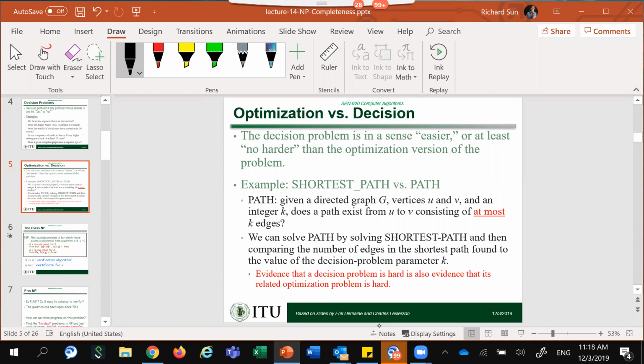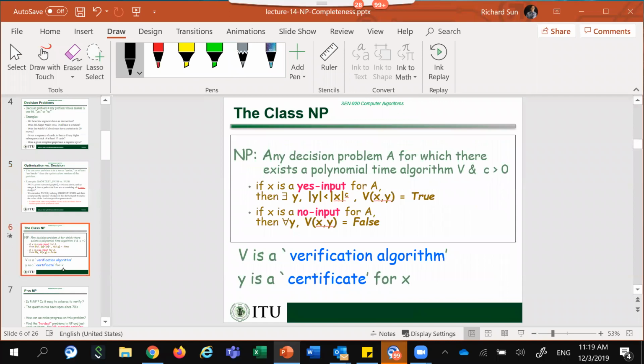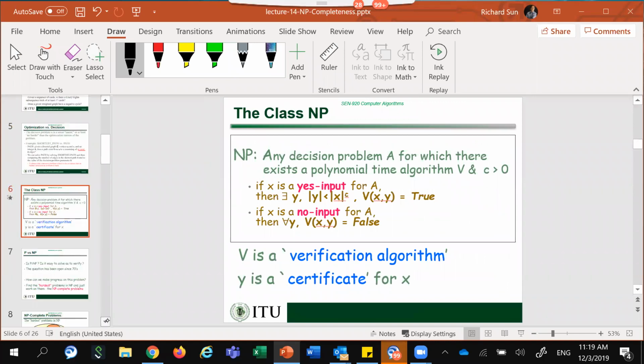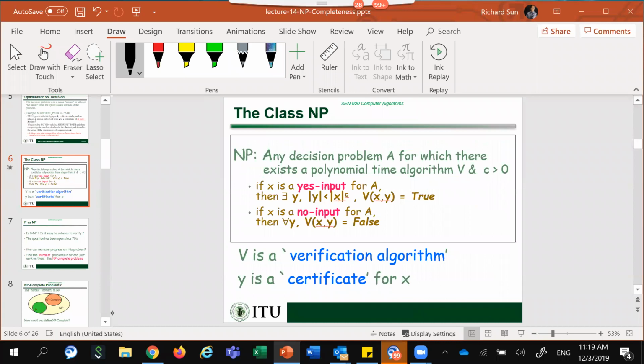This is obvious: if you can solve the optimization problem, you can solve the decision problem easily. If you can prove that your decision problem is already very difficult, then the optimization problem must also be very difficult. So that's the concept. That's the difference between decision and optimization problems. Now we're going to talk about this terminology called NP.